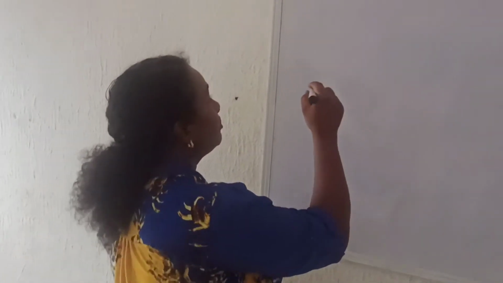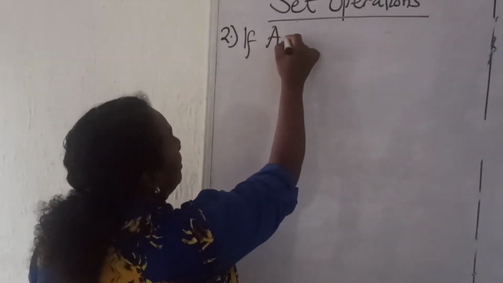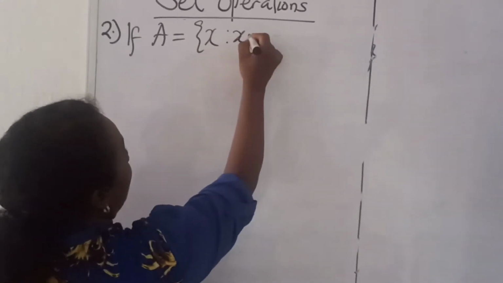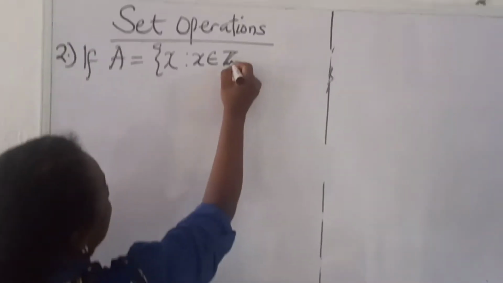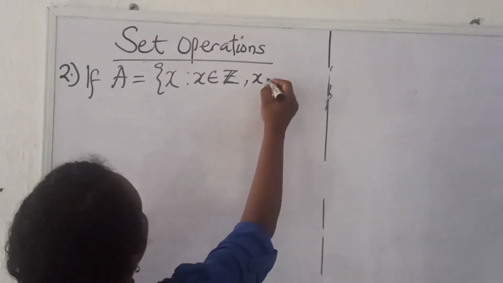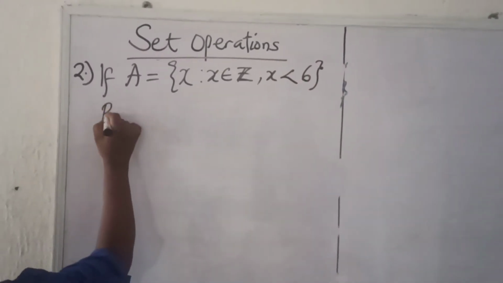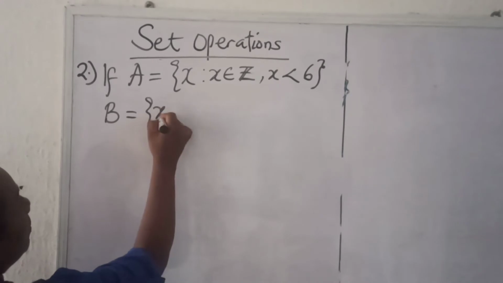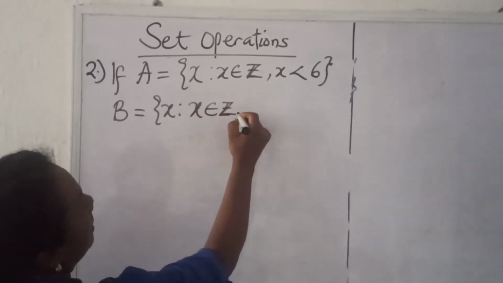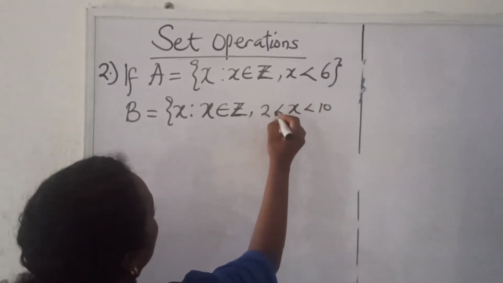Now we have example 2. If A is a set of all x such that x is an integer and x is less than 6, and B is a set of all x such that x is an integer and x lies between 2 and 10.